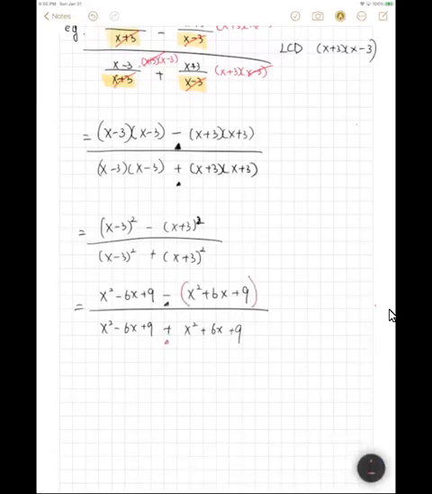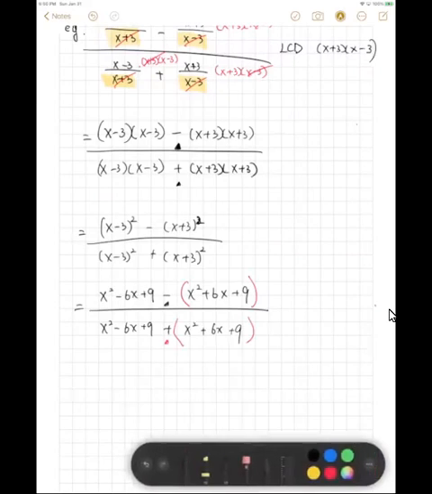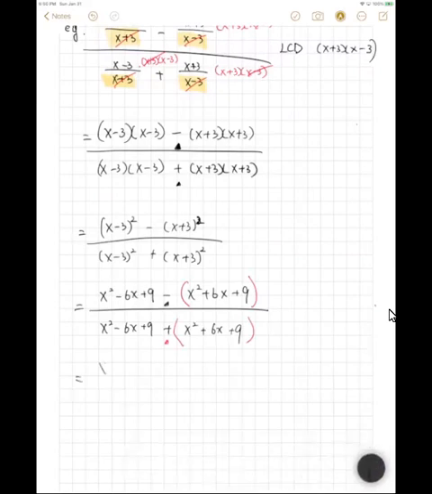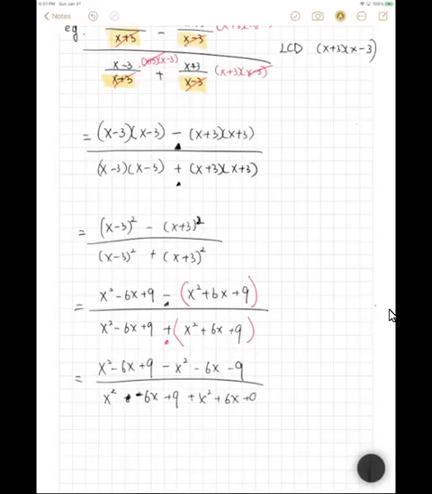Even for the plus 1, I still want you to add the parentheses so you know that this means adding the whole thing. Okay, so now I remove the parentheses. I have x squared minus 6x plus 9 minus x squared minus 6x minus 9, all over x squared minus 6x plus 9 plus x squared plus 6x plus 9.